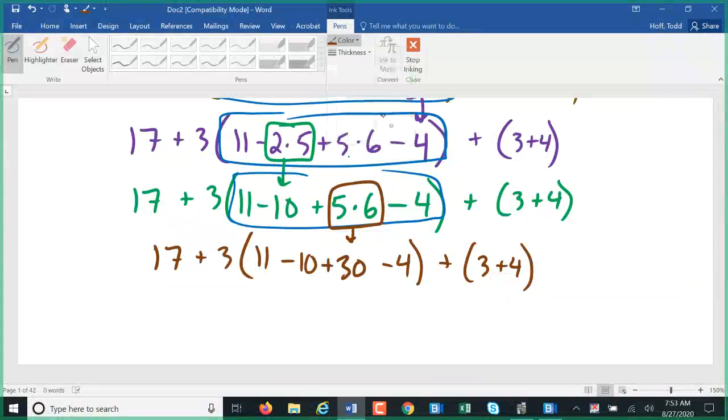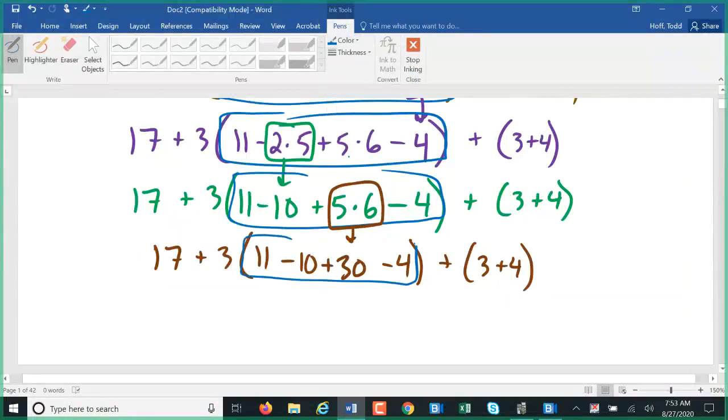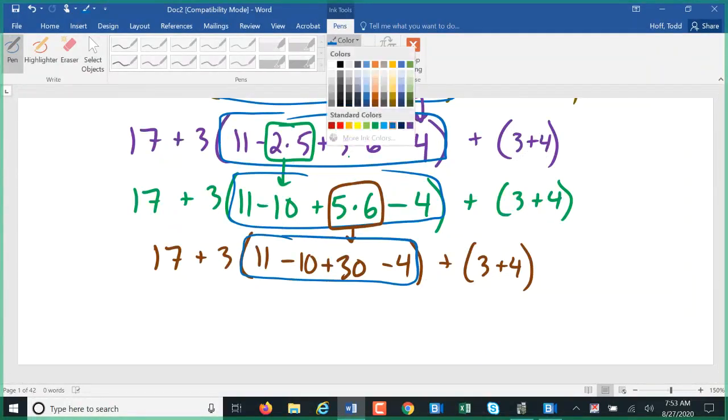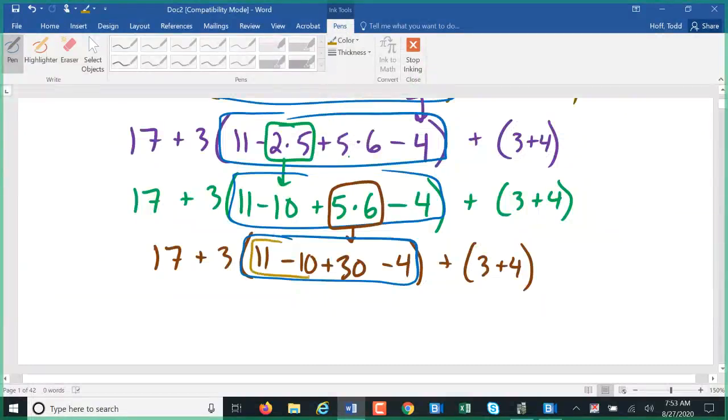Now inside that parentheses, we are down to just addition and subtraction, so we're going to work left to right. 11 minus 10 gives us 1.